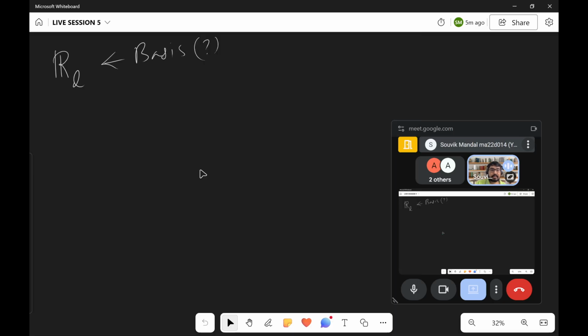Okay, so for R_L, the basis elements are of the form closed interval a, open interval b, that is [a, b). So this is a basis element. Any open set U is the union of these basis elements. Okay, so that's fine.